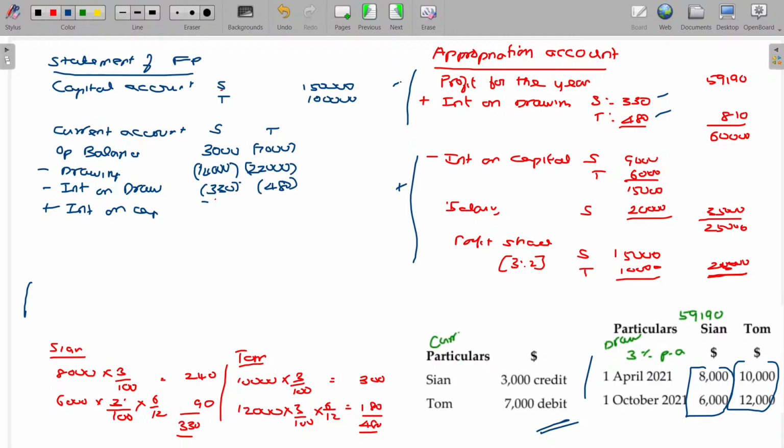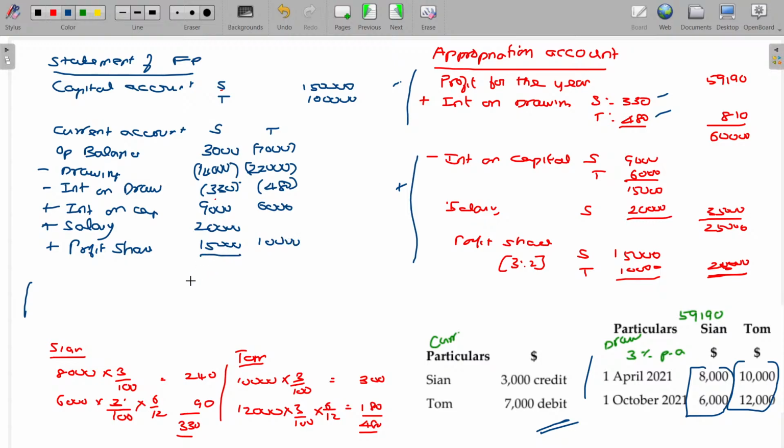Interest on capital 9,000 and 6,000. Salary payable to Sian 20,000. Profit share 15,000 and 10,000.